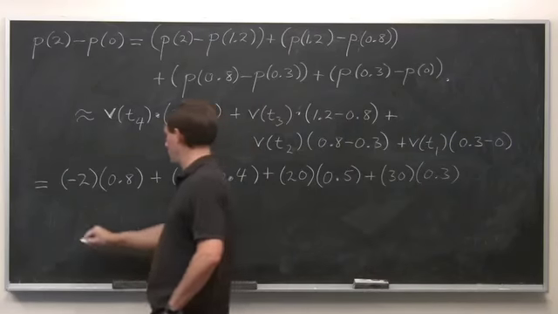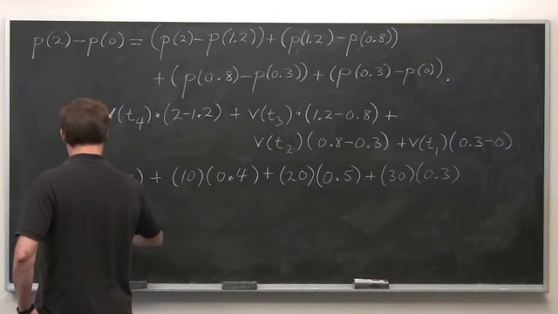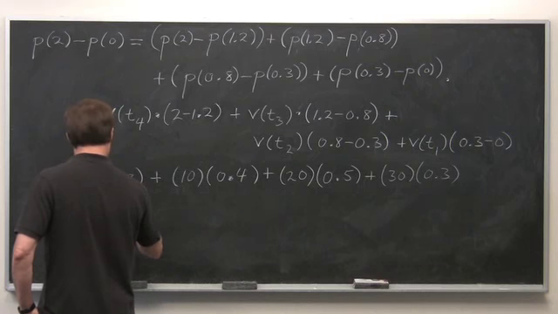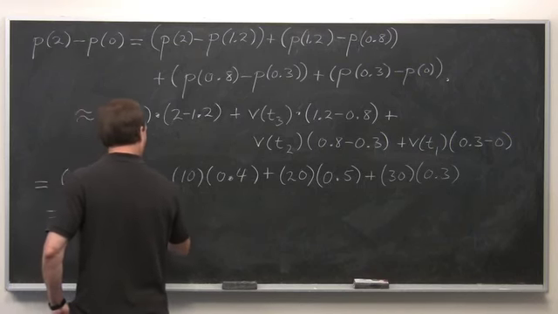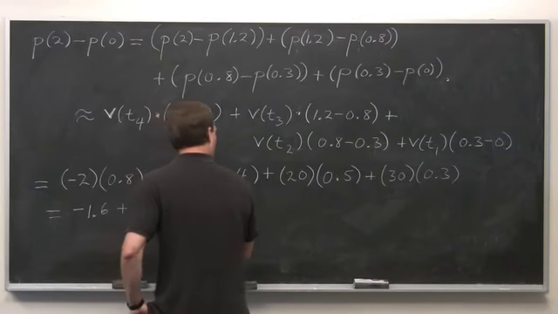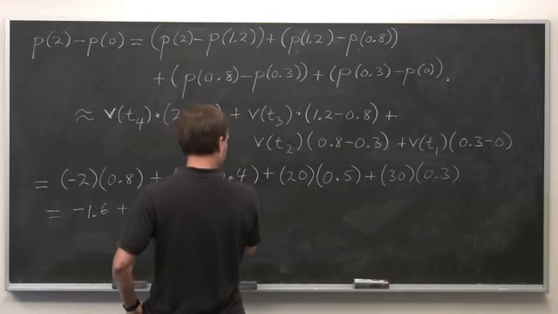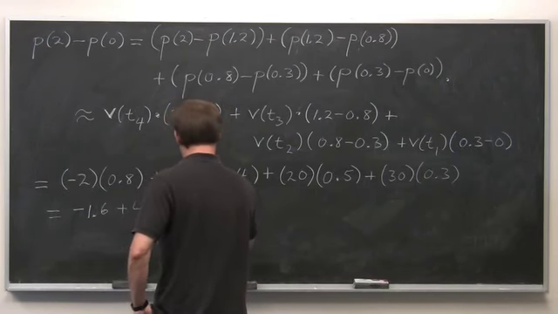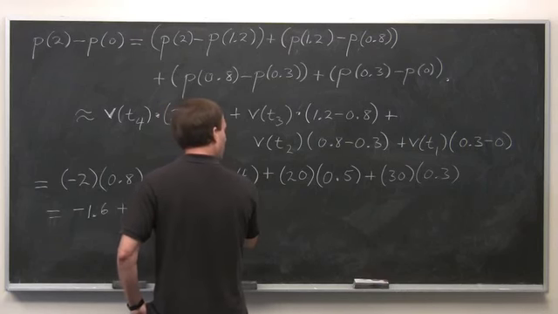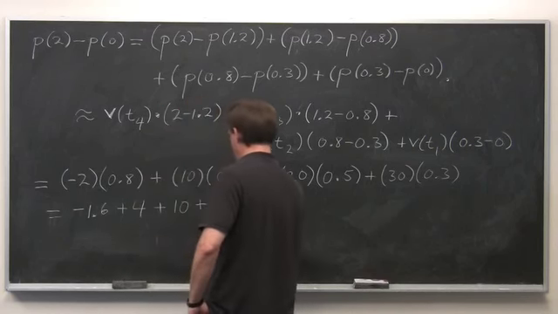And you add all these up, so we get a minus 1.6, a plus 4, plus 10, and plus 9.